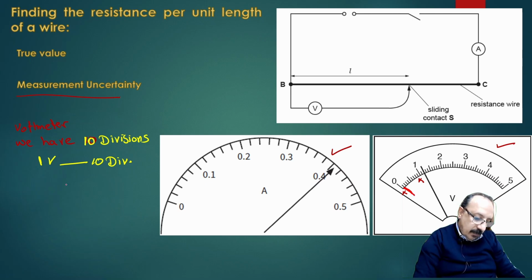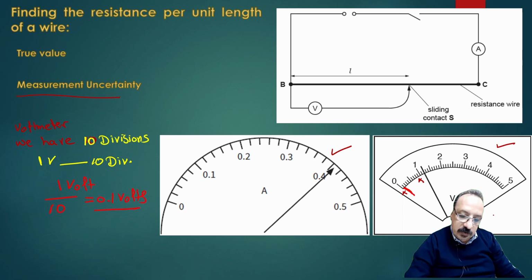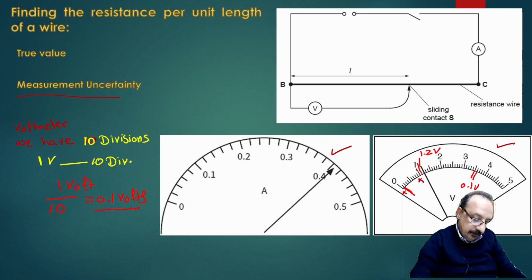Then it is 1 volt divided by 10, which is 0.1 volts. Okay, so this small division is 0.1 volt. Okay, now can we take the measurement with me? Okay, till here it is 1, 1.1, 1.2 volts. So the measurement of the voltmeter is 1.2 volts.